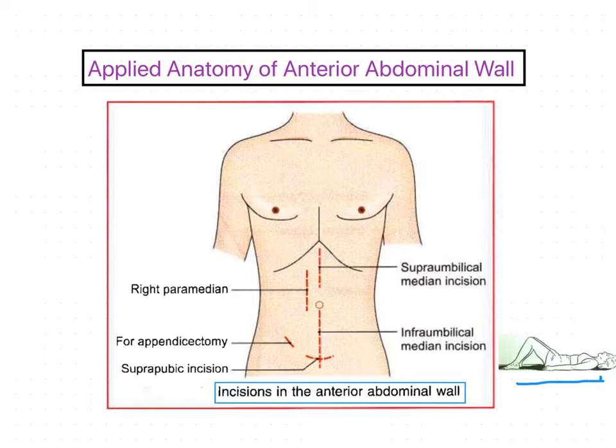This is called visceroptosis. What do we mean by visceroptosis? It means the abdominal organs are placed downwardly compared to the normal position. Such a thing is called visceroptosis.